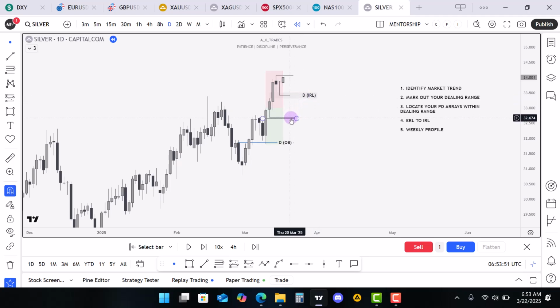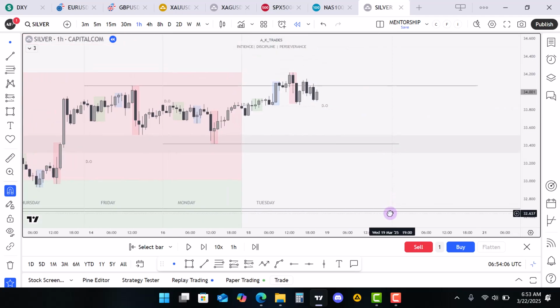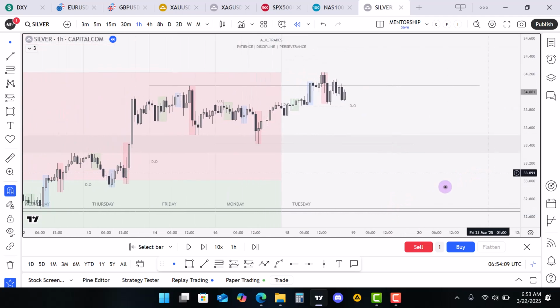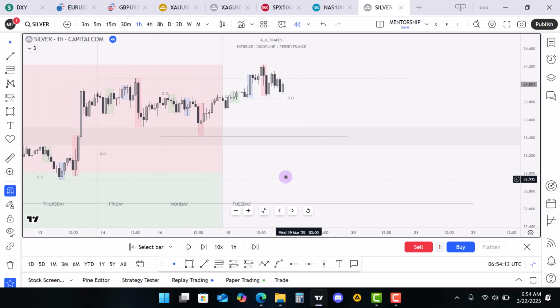So this can also happen in the market. So always try and create the easiest draw on liquidity. At this point, we are going to drop to the 1 hour chart and find out whether the daily Tuesday candle is actually becoming the high of the week.